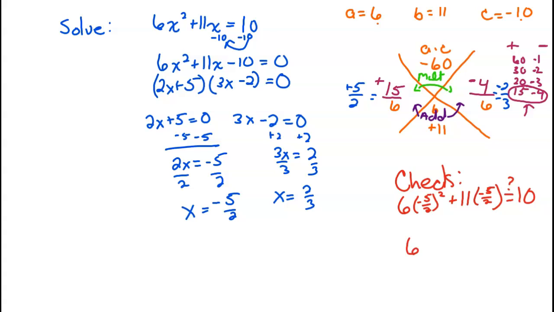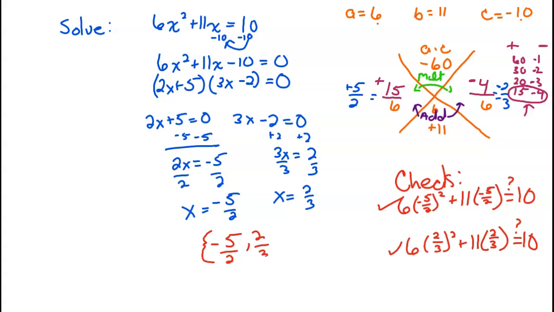Then check your other one. 6 times 2/3 squared, plus 11 times 2/3, does that equal a positive 10? And yes, both of those should check out. So your solution set would be negative 5 halves and 2/3.